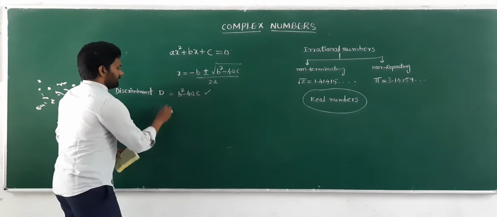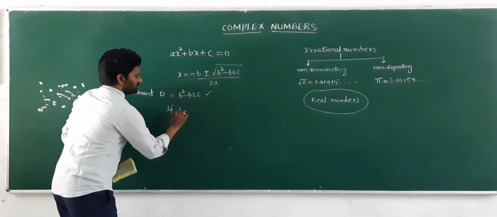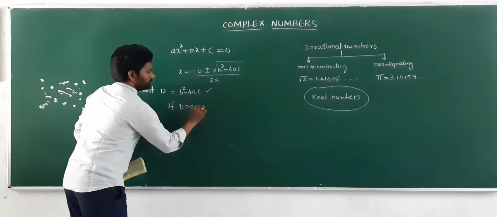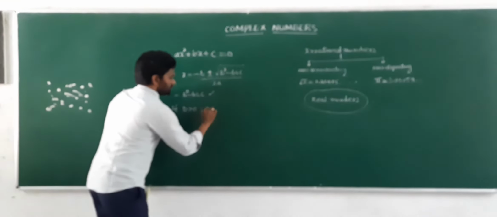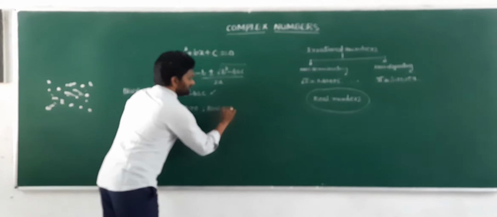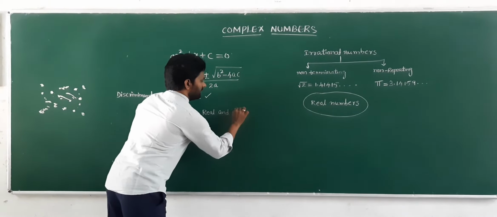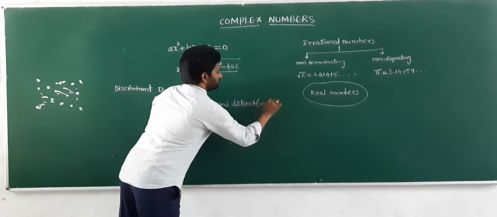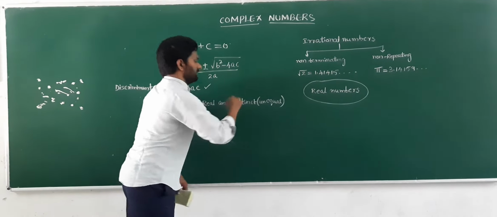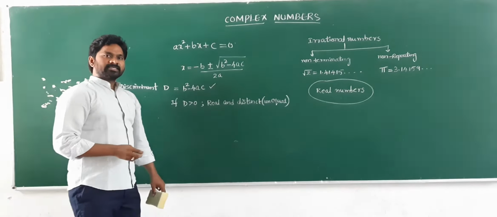If the discriminant is greater than 0, we say that the roots are real and distinct, meaning unequal.